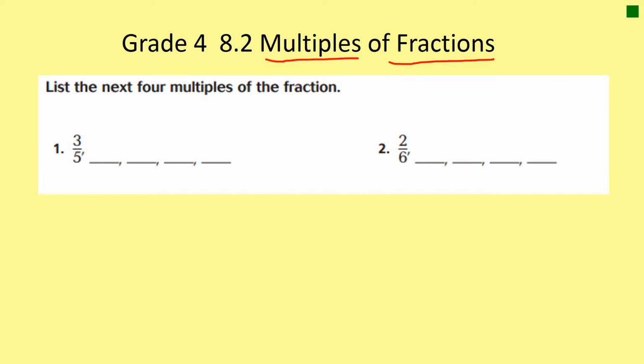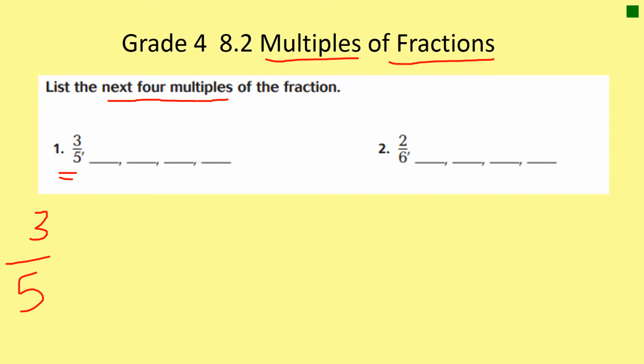It says list the next 4 multiples of the fraction. All right, so number 1, the first fraction is 3/5. I'm going to write it right there. So if I'm multiplying 3/5, that means I have 3/5 again and again and again, right? Isn't multiplication the same as repeated addition?